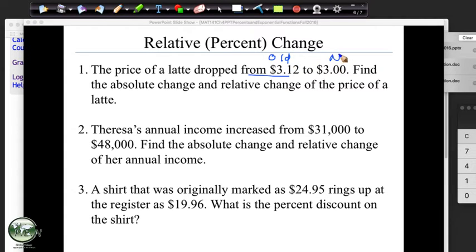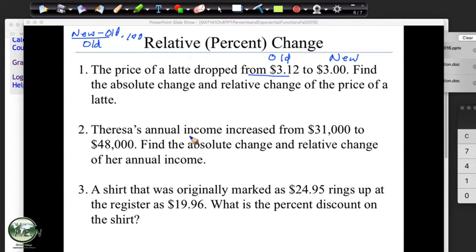This is the new. Use the formula, we get a percent, right? New minus the old divided by the old. And then multiply by 100 to turn it to a percentage. It's always, 100's always in there someplace.